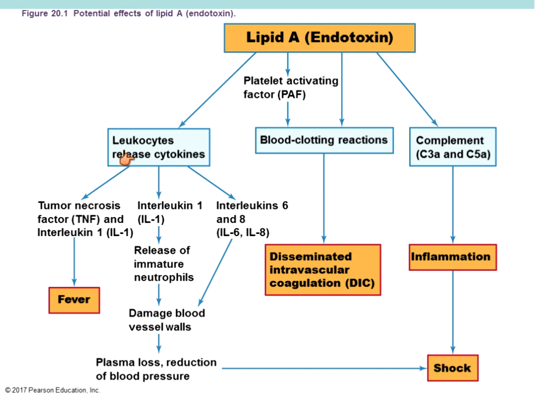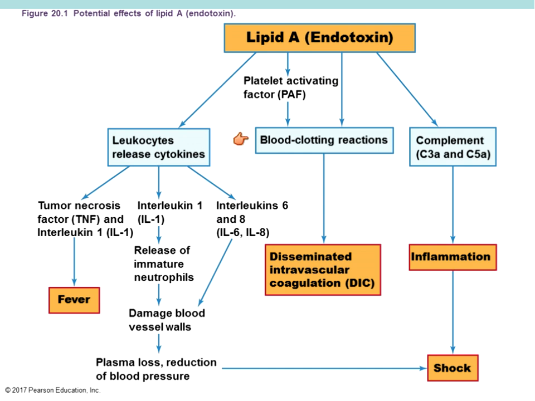That's because once the leukocytes are exposed to this lipid A endotoxin, interleukin-1 can release immature neutrophils, and those neutrophils can damage the blood vessel walls because they are phagocytic. Then we can have fever and loss of plasma, which can drastically reduce the blood pressure and go into shock. Interleukin 6 and 8 can also do the same thing.